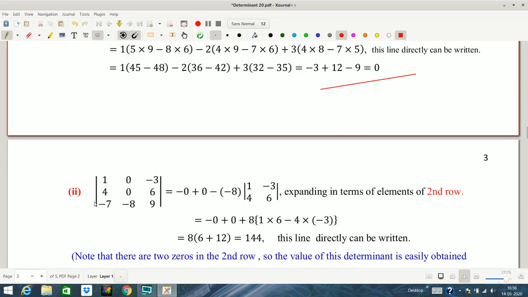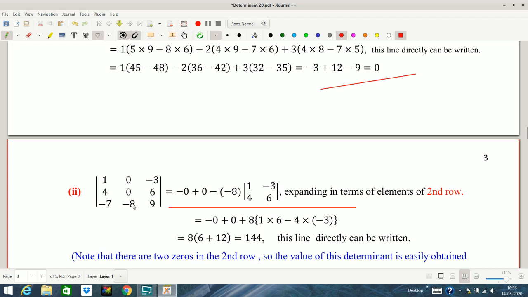Now as another example, let us calculate the value of this determinant. Here we note that the second column contains 2 zeros. So let us expand in terms of the second column. In that case, we start with this second element. It is first row, second column, so that's why it starts with minus.